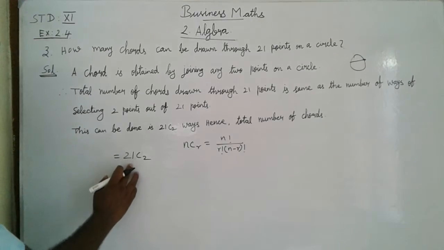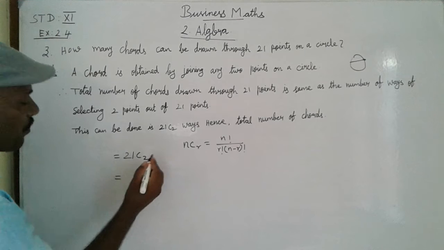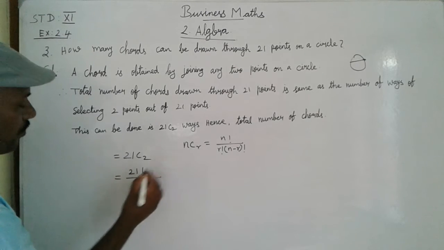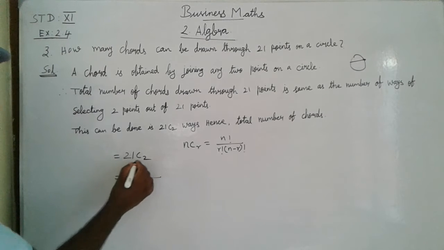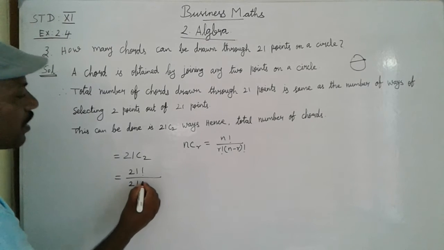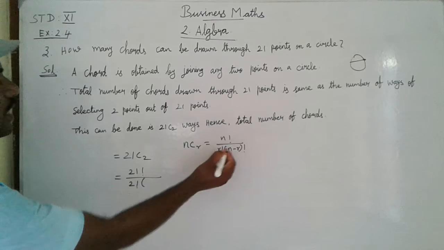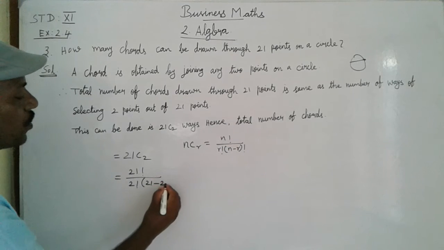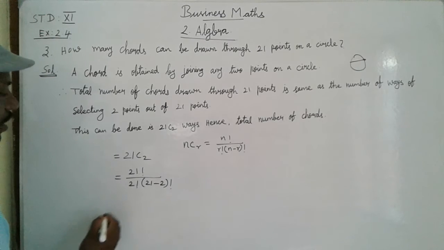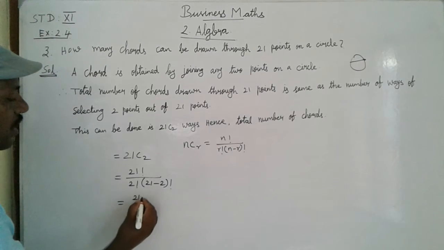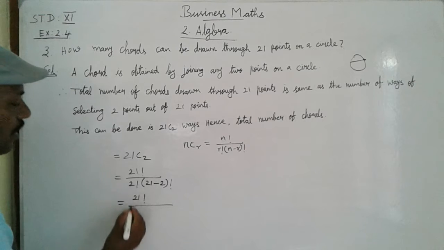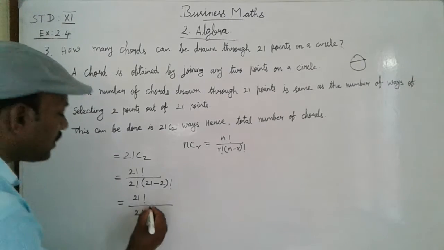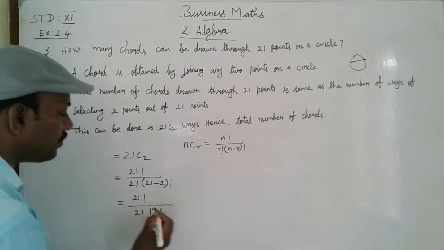We should substitute. 21c2 is 21 factorial divided by r factorial. r is what? 2. 2 factorial into n minus r, 21 minus 2, 21 minus 2 is 19 factorial.